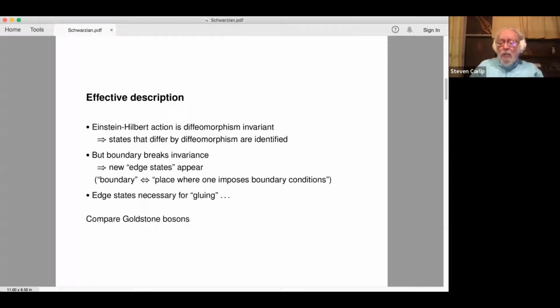And as in the theory of Goldstone bosons, you can write down an effective description in terms of the symmetry breaking, even though the actual field content, if you have some spontaneously broken scalar field theory, for instance, and you want to actually write down the Goldstone bosons, they're going to be complicated functionals of the original fields, but you can get an effective description just from the pattern of symmetry breaking.